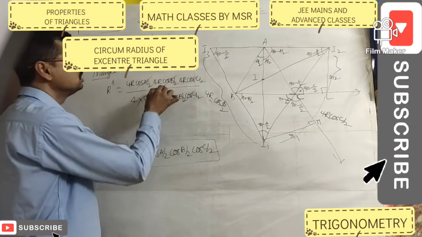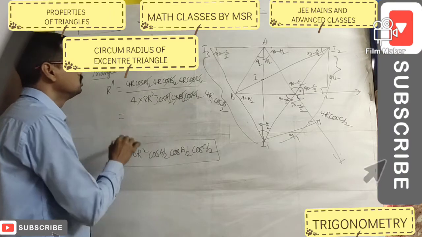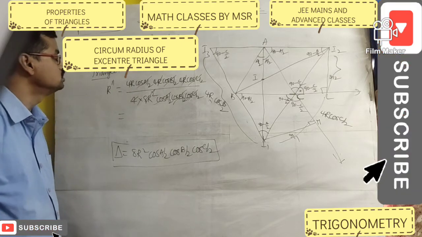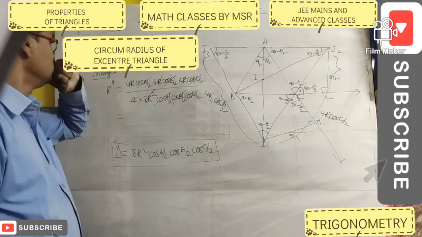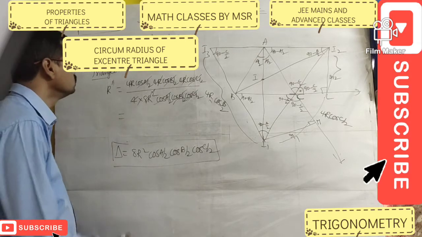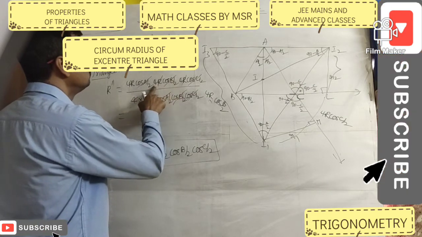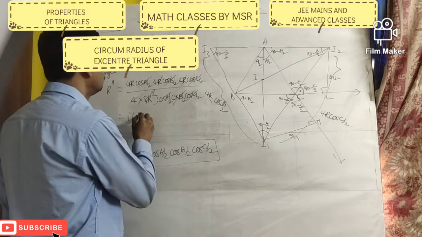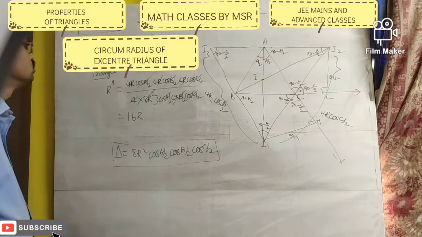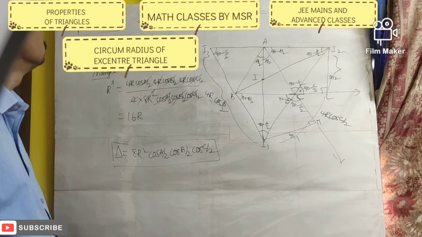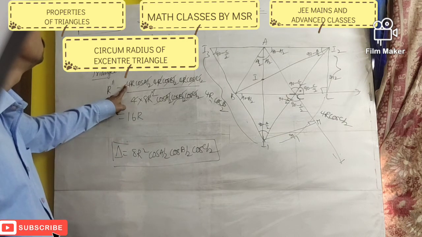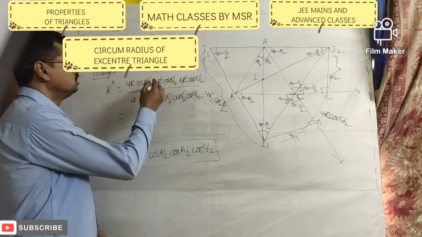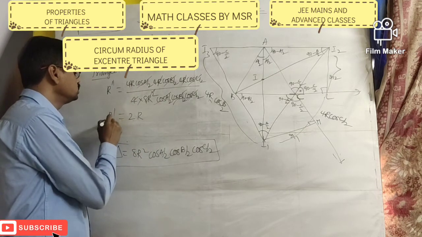So cos A by 2, cos B by 2 and cos C by 2 cancel, and one R cancels. In the numerator 4 into 4 into 4 is 64, and in the denominator 4 into 8 is 32, so we get 2R. So R dash is 2R.